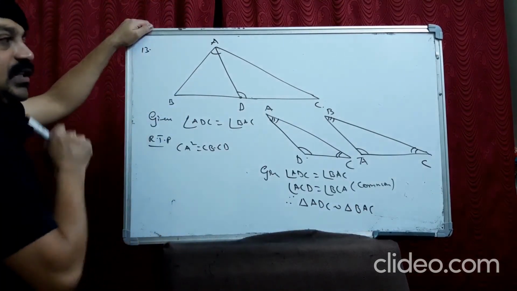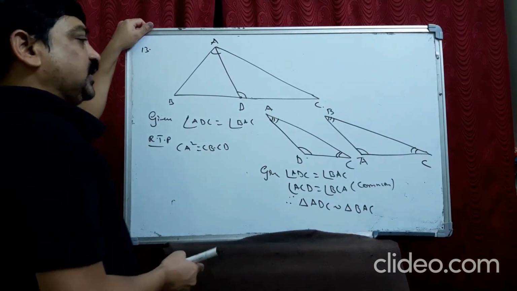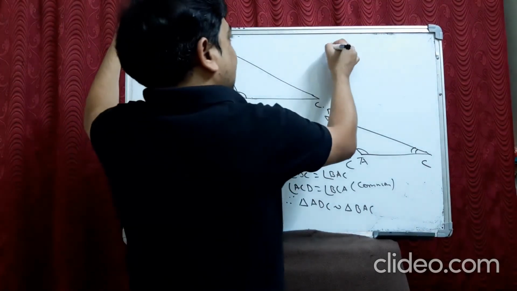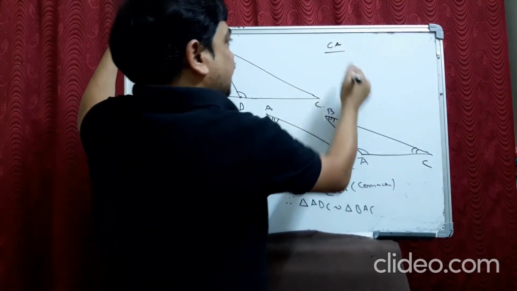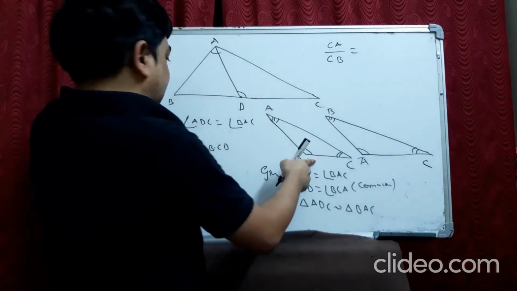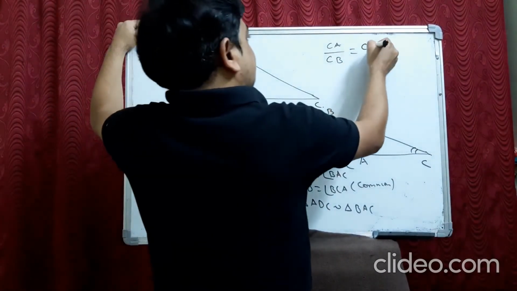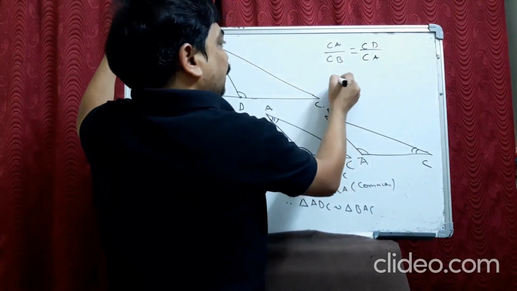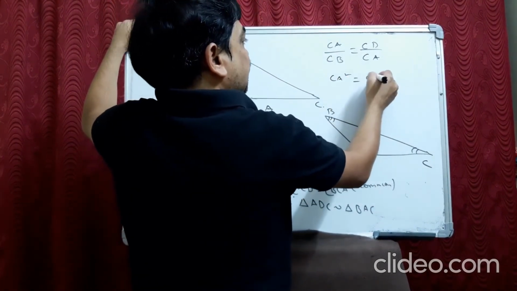Now we need to prove this. How to prove? Let us take CA; we need CA square, no? Okay, we take CA by this side CB. Now we take this one, CD also we need. Okay, CD by CA. Now cross multiplying, CA square is equal to CB into CD.